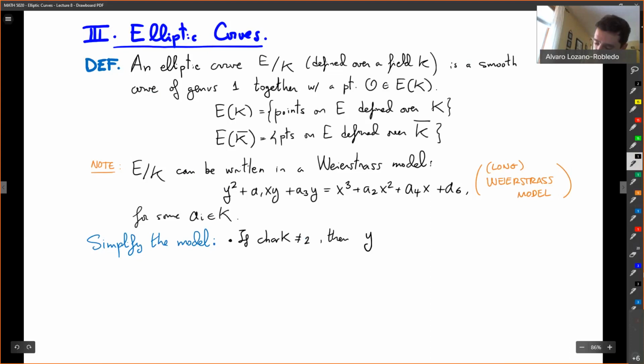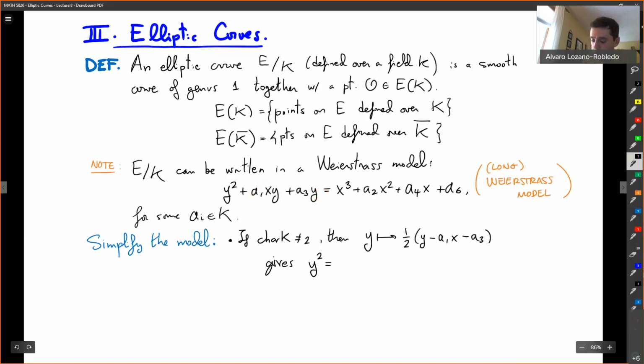You can replace the variable y by a new variable: change y to a half of y minus a1x minus a3. The effect is that in the new variables the new equation is y squared equals x cubed plus b2x squared plus 2b4x plus b6. This change of variable gets rid of the linear terms in y.